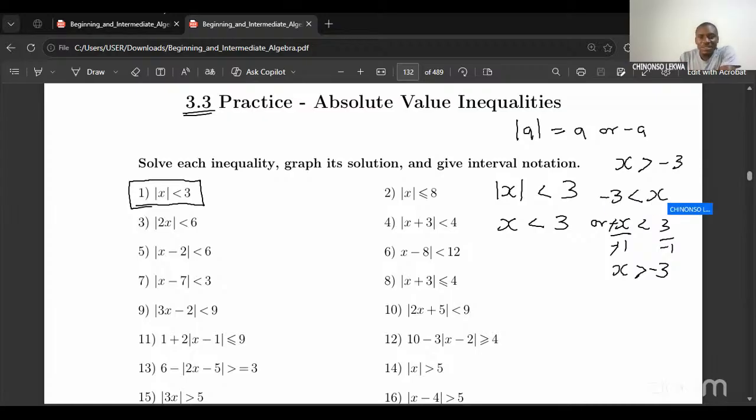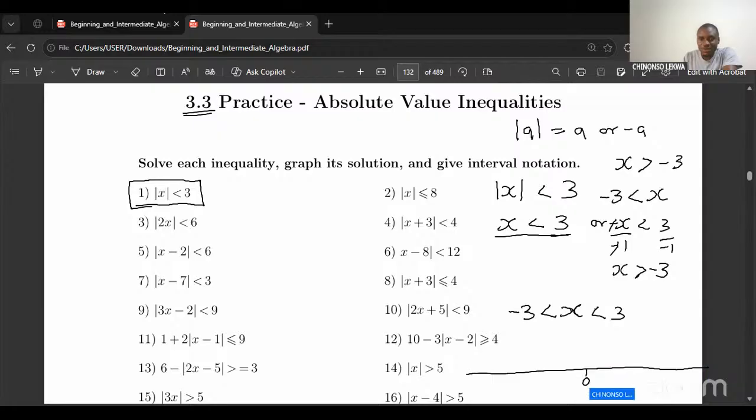Having said that, I can form a compound inequality from this absolute inequality where I would say -3 is less than x, and then this same x is also less than 3. Remember, we have it here from the first statement, less than 3.